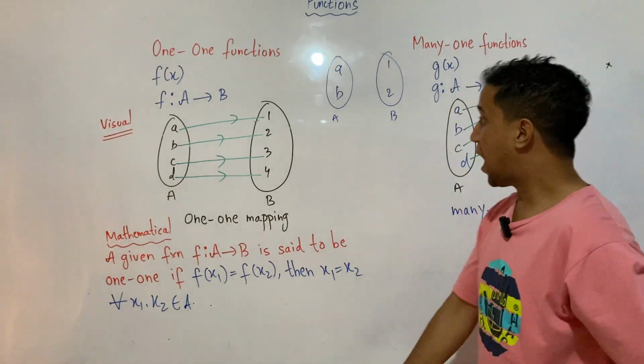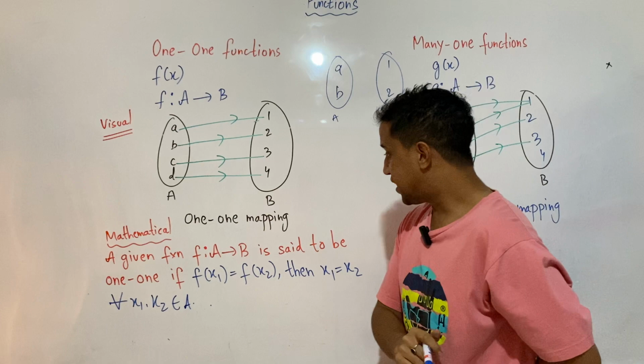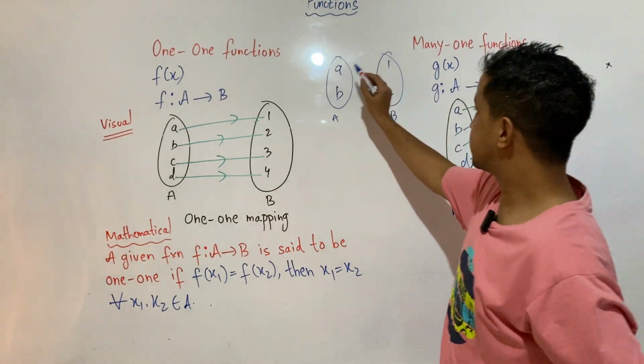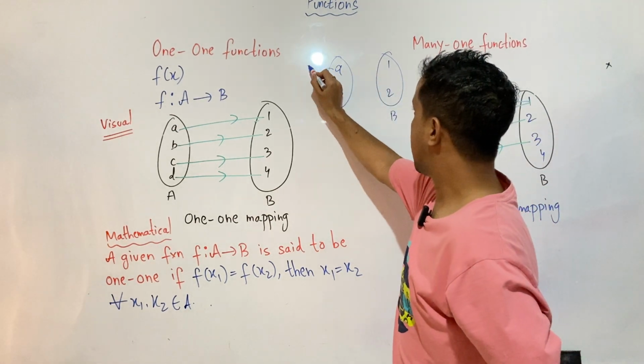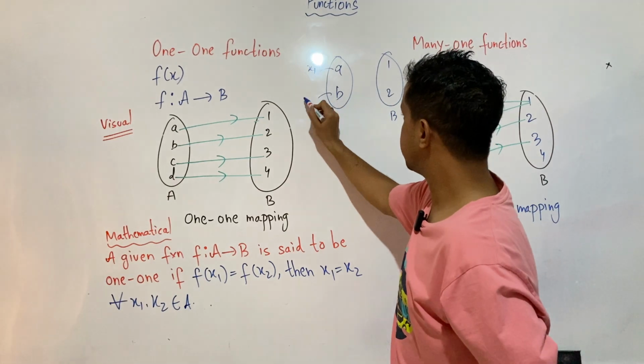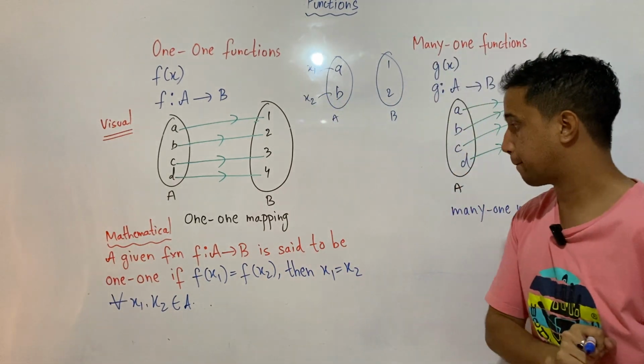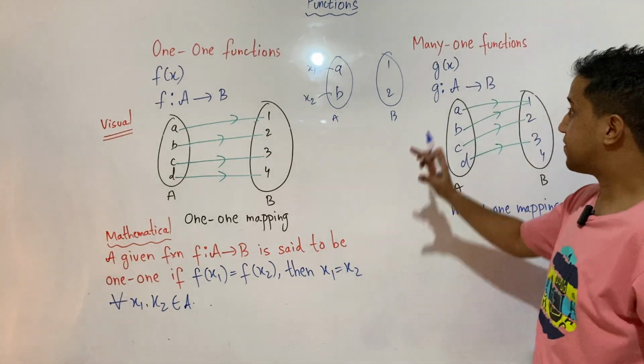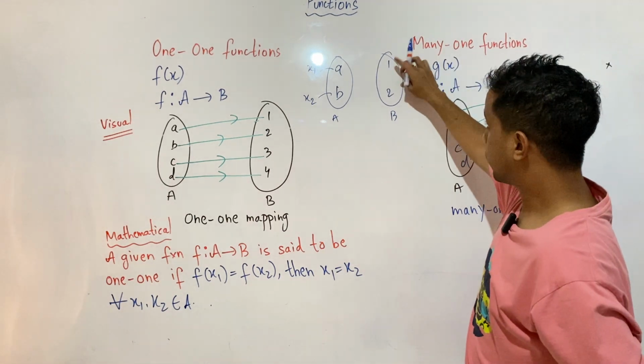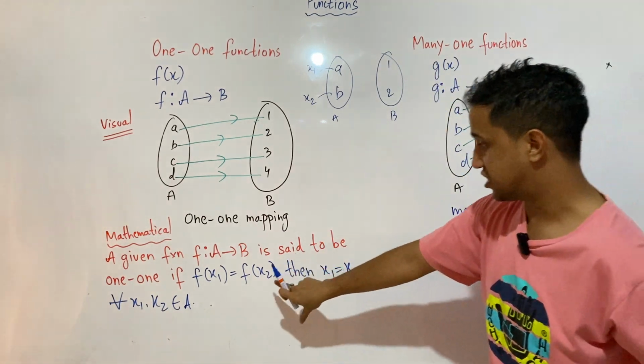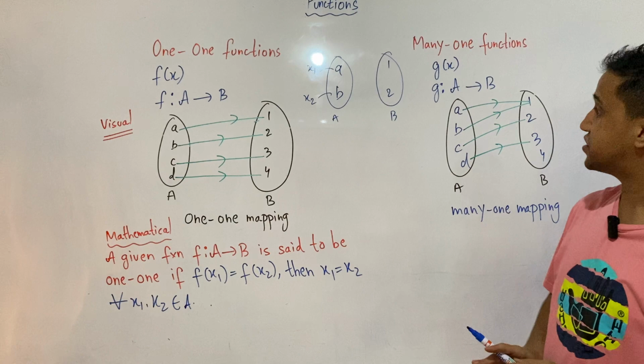Now he's saying that this is x1 and this is x2. Now if f(x1) is equal to f(x2), what does it mean?